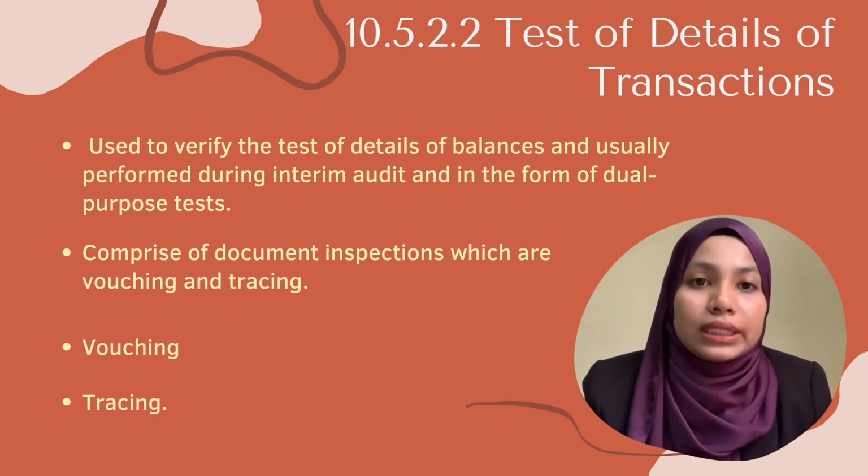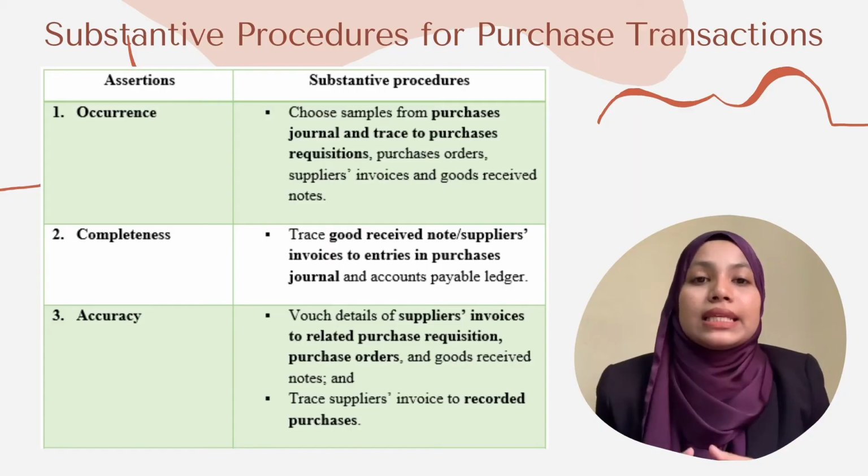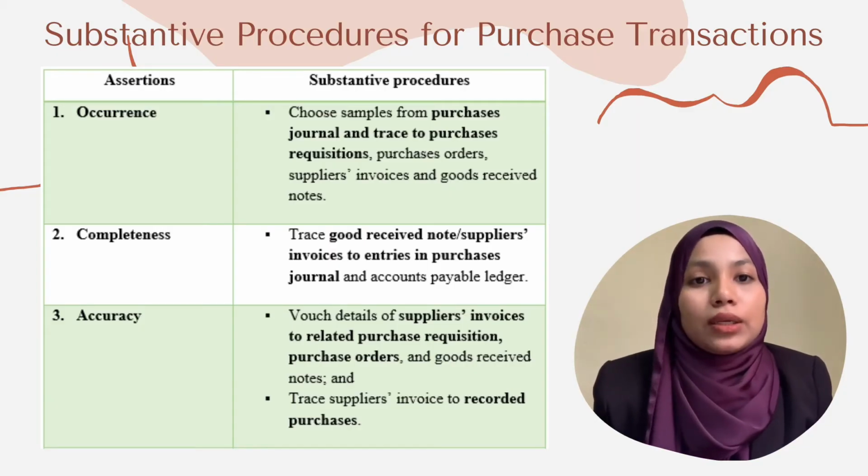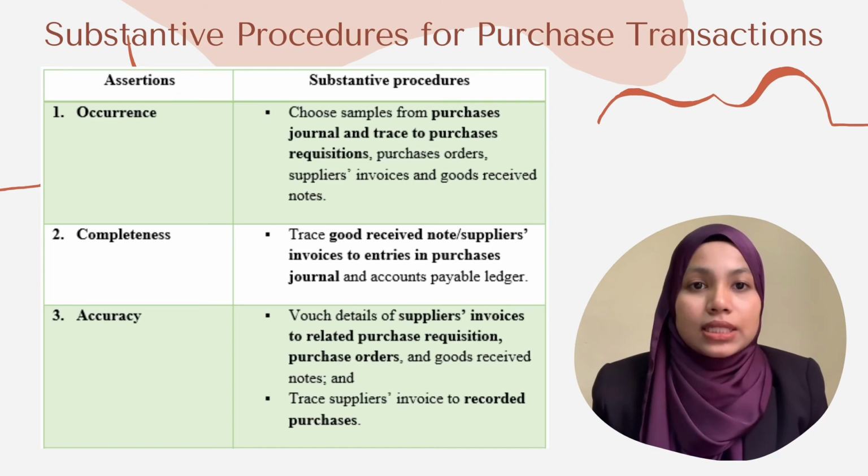Vouching is when auditors vouch recorded purchase transactions to supporting documents such as purchase order, GRN, and supplier's invoice to verify the accuracy of the transaction. Meanwhile, in tracing, the auditor traces from purchase order, GRN, supplier's invoice to purchase journal and account payable to verify the completeness of transaction. This is the example of substantive procedures for purchase transactions.